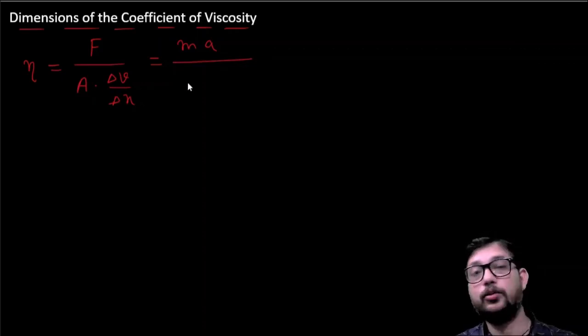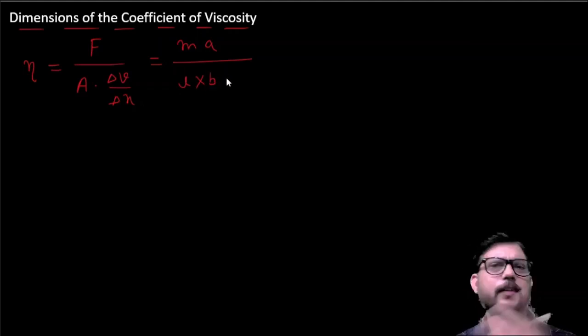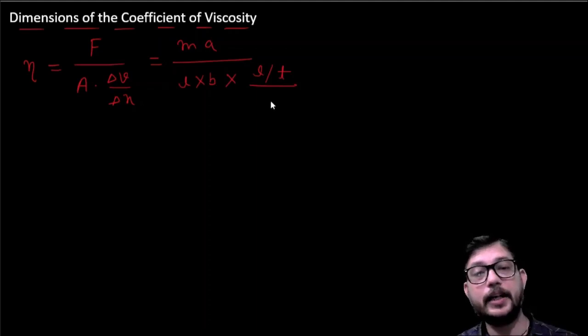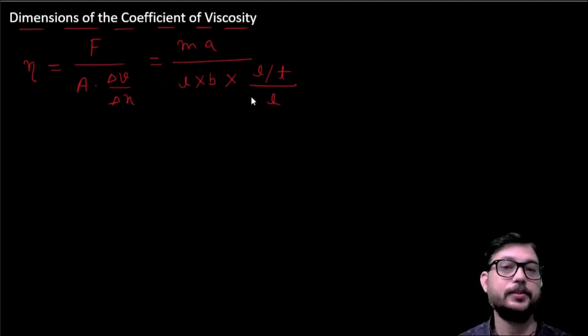Area is the length squared, so length into width or length square, whatever you can write. And speed is distance upon time, divided by x, also a distance.